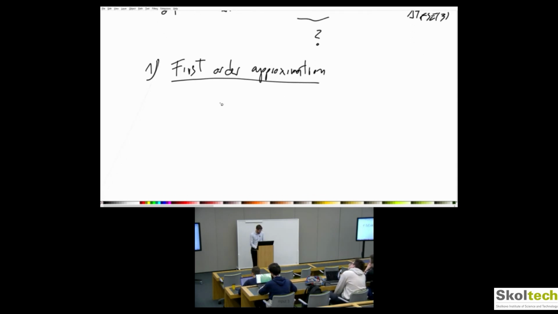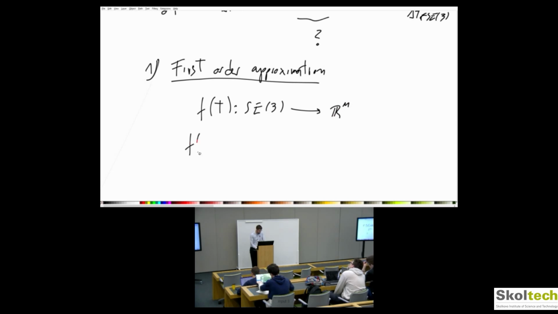And the approximation that we are going to do is the following. So we have this function. Let me write it again. What we are going to define is a new function in the following way.